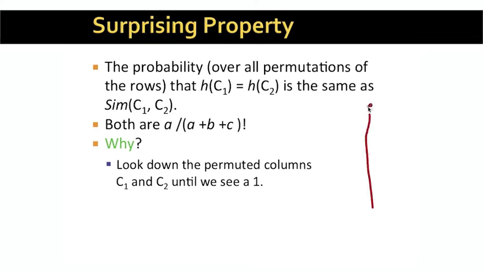Let's say here's C1, here's C2. Since most entries are 0, we'll probably meet a lot of type D rows: 0, 0, 0, 0, 0, 1. And eventually we'll come to a row where at least one of the columns has a 1. So let's suppose here's a 1.